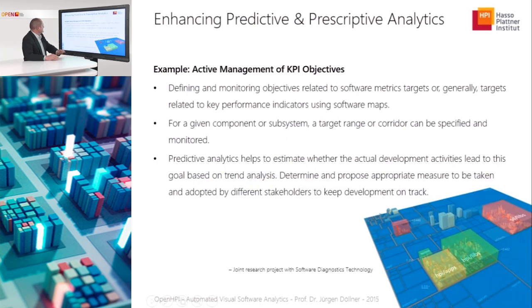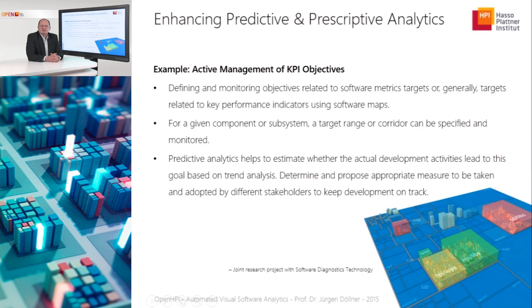Let's see another example. It's concerned with a more practical issue: the active management of key performance indicator objectives. So the goal is to define and monitor objectives related to software metrics targets, or generally targets related to key performance indicators using software maps.